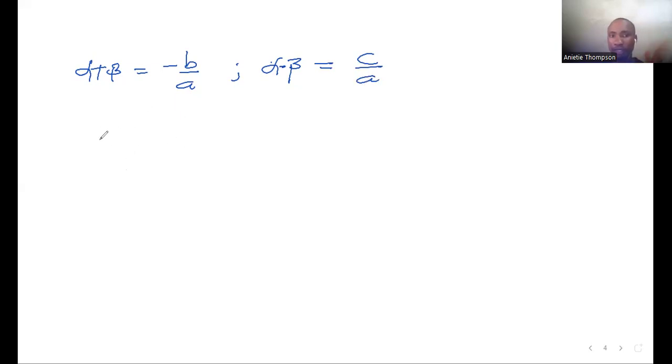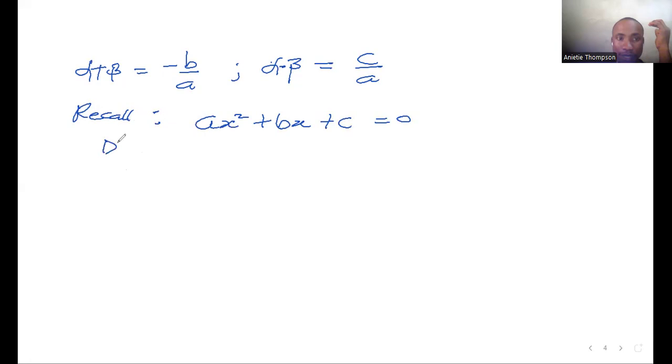There's something I want you to see. Let's rewrite that quadratic equation again and divide all across by a. So if I write, recall that the quadratic equation is ax squared plus bx plus c equals to 0. I'm going to divide all through by a, the leading coefficient.